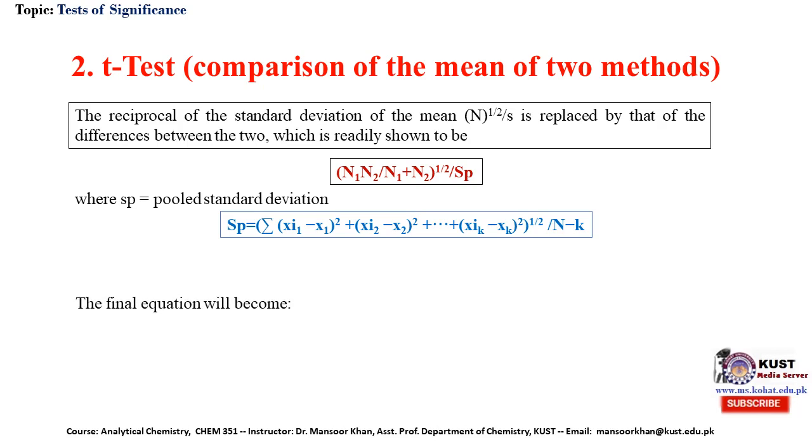The final equation becomes T equals (x1 minus x2) divided by the pooled standard deviation, times the square root of n1 n2 divided by n1 plus n2.